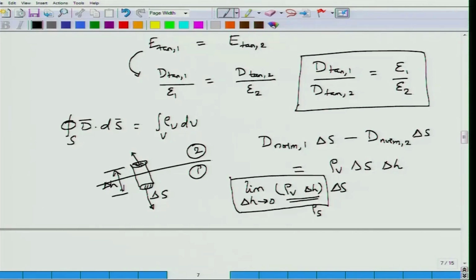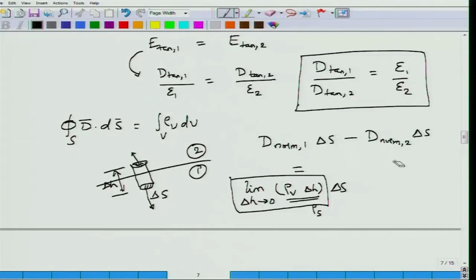This is how you convert a volume charge into a surface charge. Similarly, you can reduce the surface into a line charge, and reduce the line charge length to make it a point charge. So I can now safely replace the right hand side with rho s delta S. Now there is nothing more to be done.